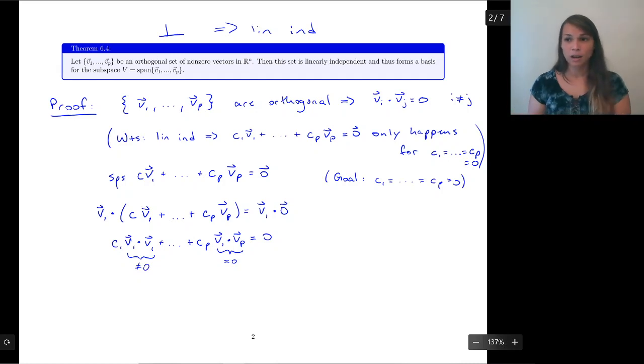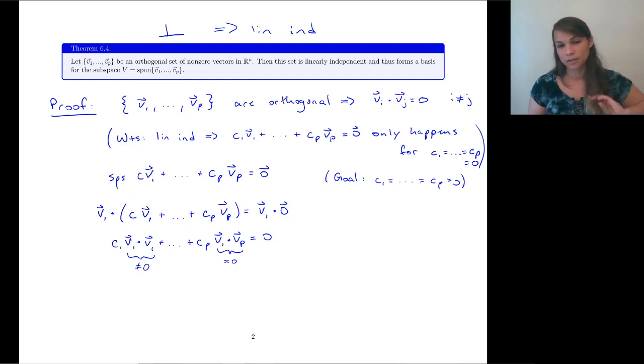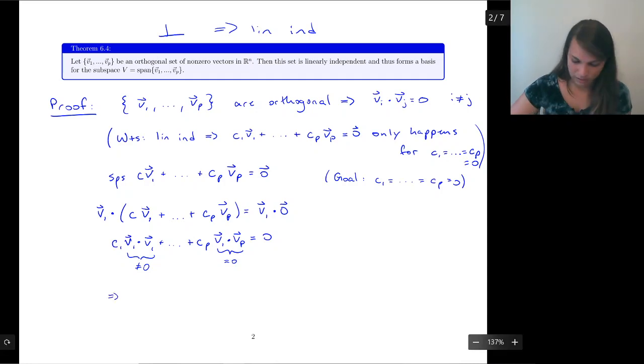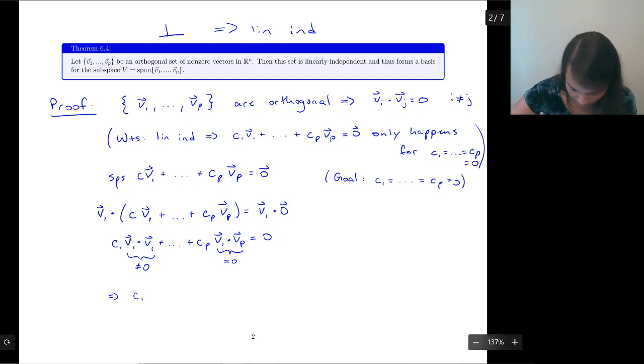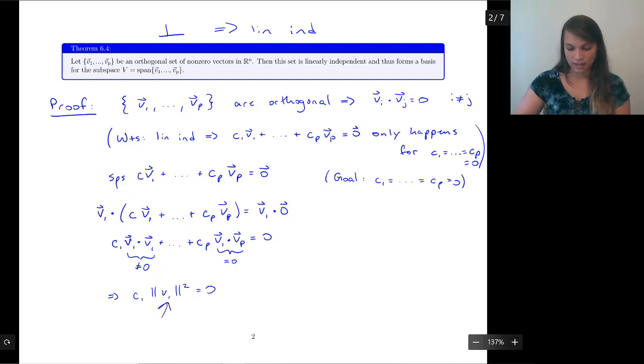That means its dot product is not going to be 0 either. So all the terms in here that I didn't write will end up being 0 because v1 only matches with v1. So we get c1 times the length of v1 squared equals 0, where the length is not going to be 0.